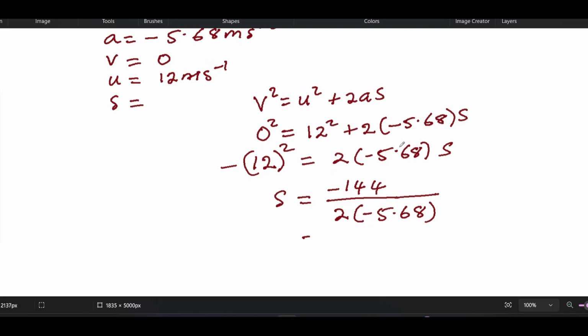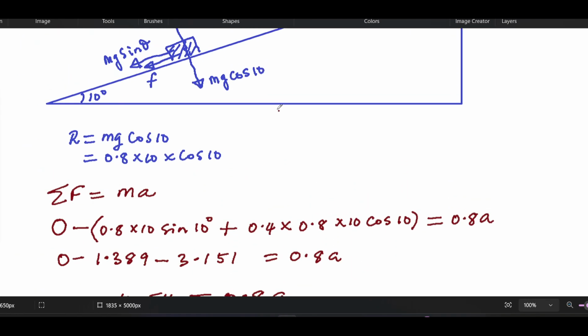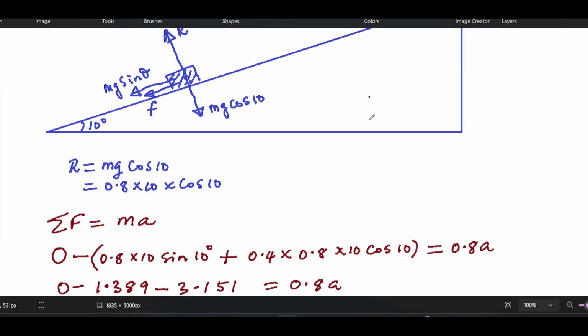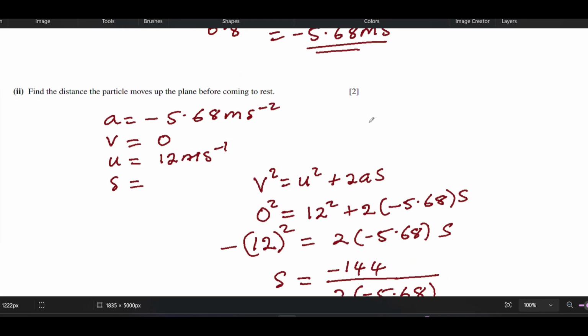What that gives you is a value of 12.7 meters. So that means this particle, launched with its speed of 12 meters per second, is able to go up 12.7 meters before stopping. And that would be the solution to the second part of the question.